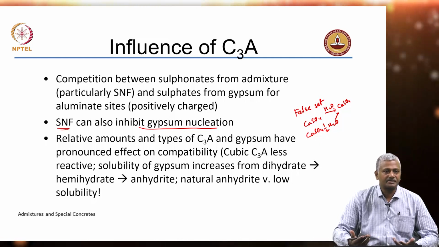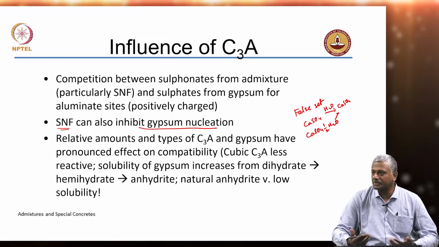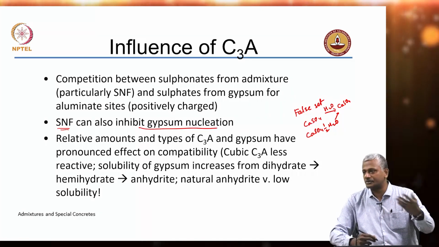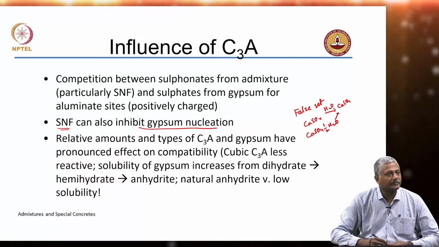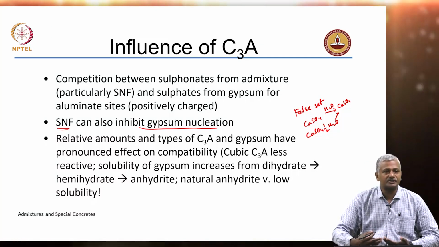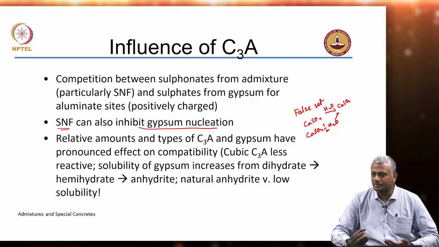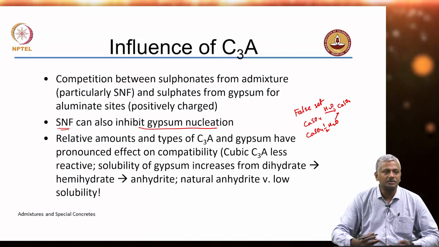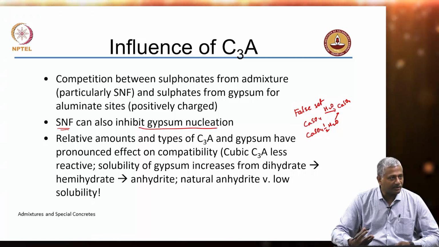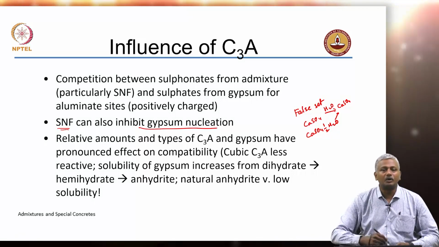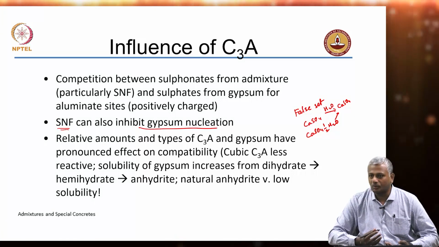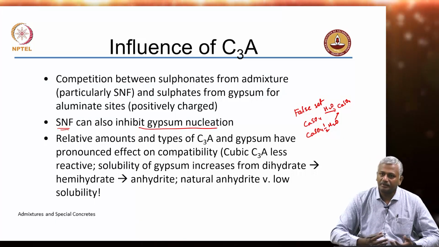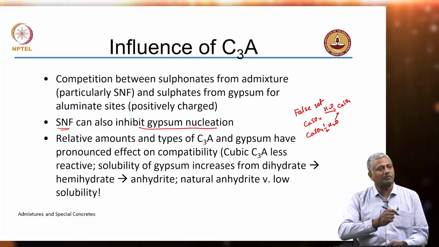We use plaster of Paris, right, with fibers or with meshes, and this plaster of Paris converts to gypsum, right. So the hardening or stiffening happens when gypsum is formed. Similarly, in a concrete mixture, if the cement has too much of this anhydrite or hemihydrate, it will convert to gypsum as soon as it meets the water. So that is early stiffening, but that can be simply broken by continuing to mix further.